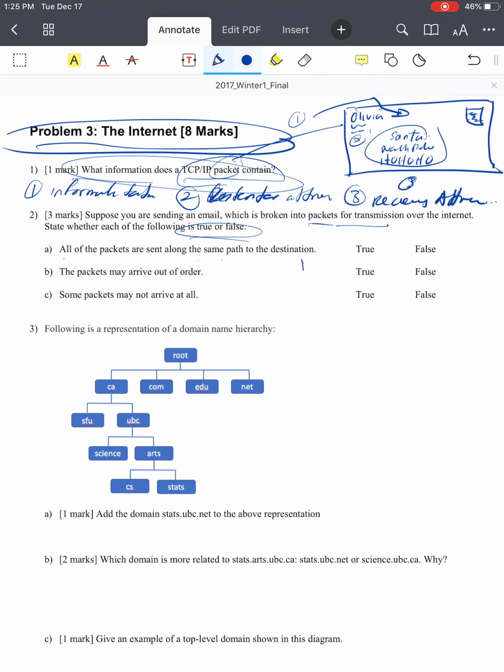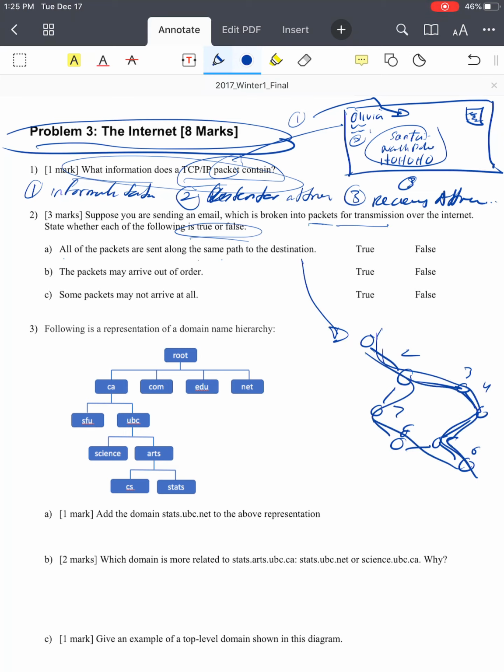Okay. This goes back to that class that we had where we had the numbered routes, 1, 2, 3, 4, 5, 6, 7, 8, and the question was, what path does the data take? Is it this way? Is it this way?